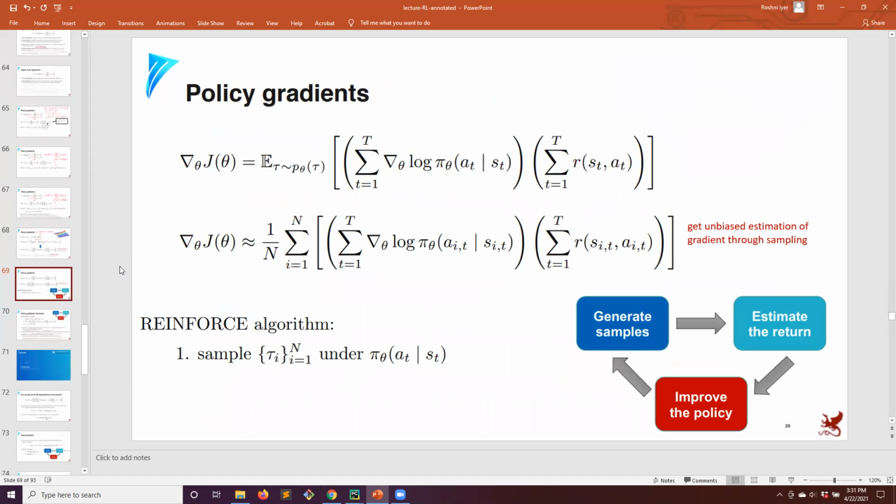In other words, most of the time it could actually just be of value 0, and only a few times could it be non-zero. So that means there's much less signal to learn from, because if this is 0, the whole thing will become 0.